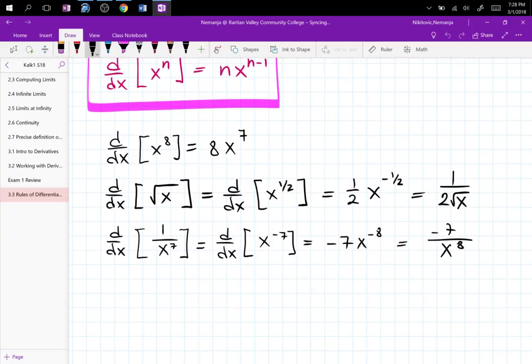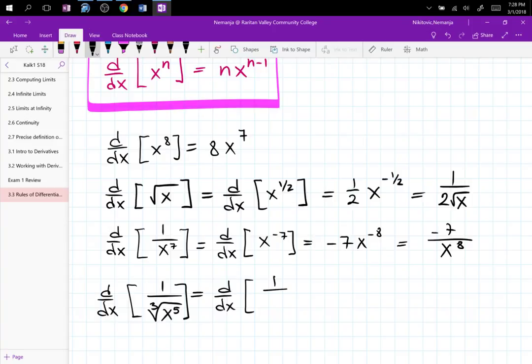So now, say that you have a problem which says what's the derivative of 1 over cube root of x to the 5. What would that derivative be? What is the first thing you need to write? Okay, we can do that.